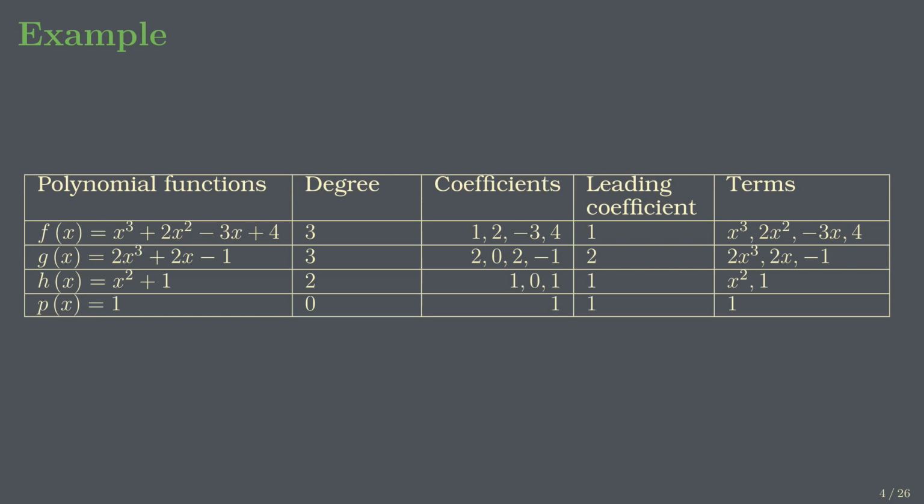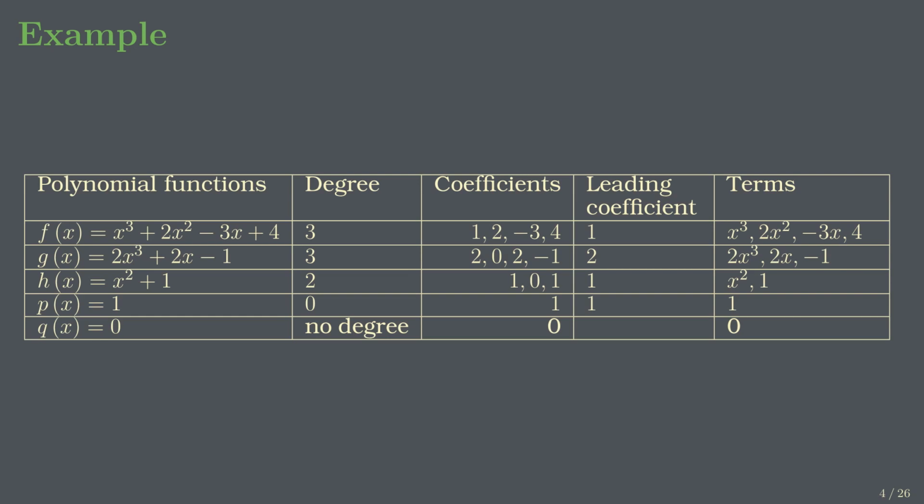Now, p of x equals 1 is also a polynomial function of degree 0, with leading coefficient 1, and its sole term is also 1. But if you consider q of x equals 0, then because of the way we define the degree of a polynomial function, this one doesn't have any degree at all, right?